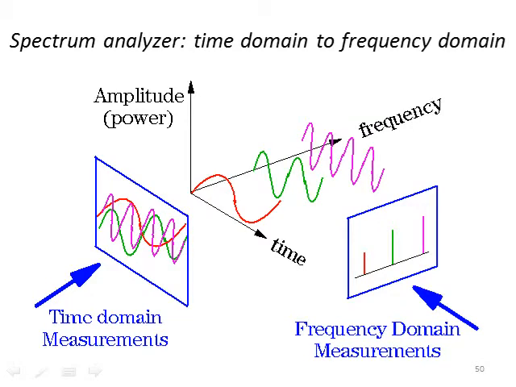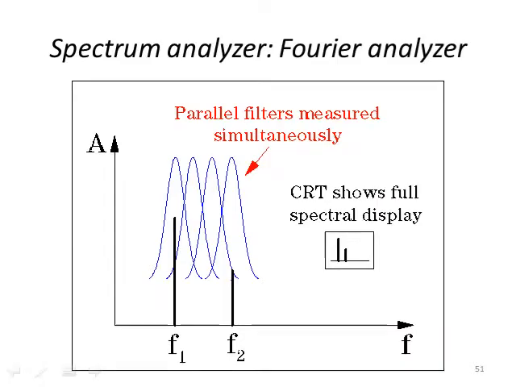Now, a spectrum analyzer, really it's a Fourier processor. So we go from the time domain to the frequency domain. So a Fourier analyzer, essentially if we have an input signal, there's a filter that will simultaneously look at many frequency ranges, and when it gets amplitudes at a particular frequency range, it will represent that at a particular frequency range.